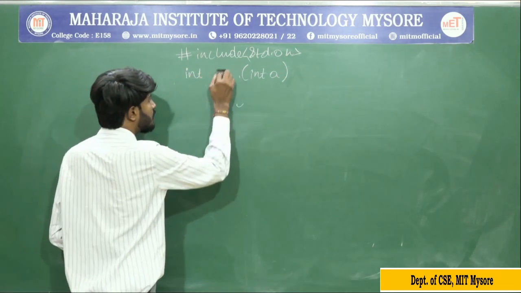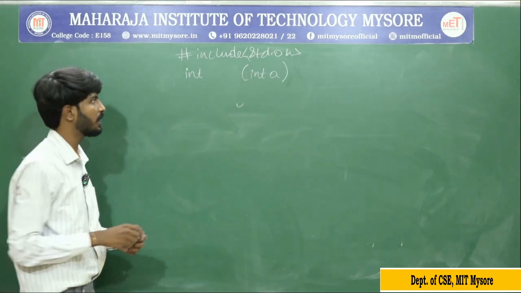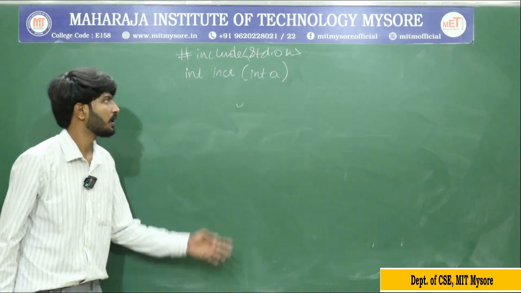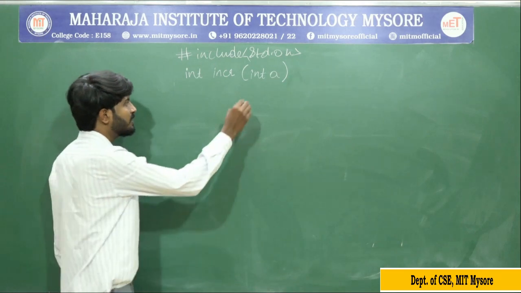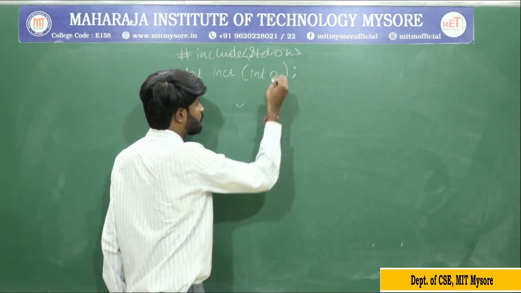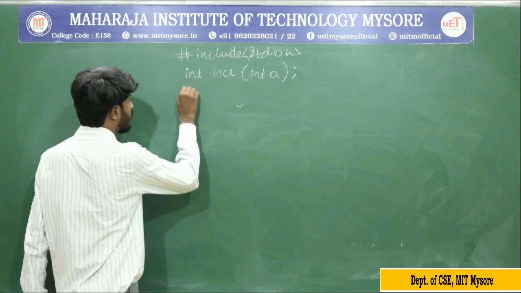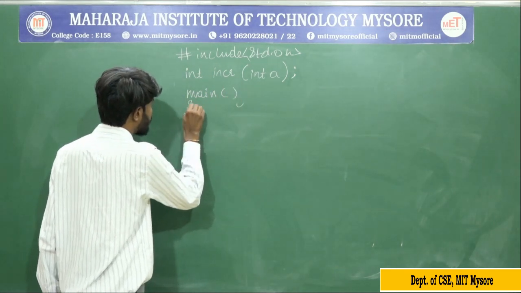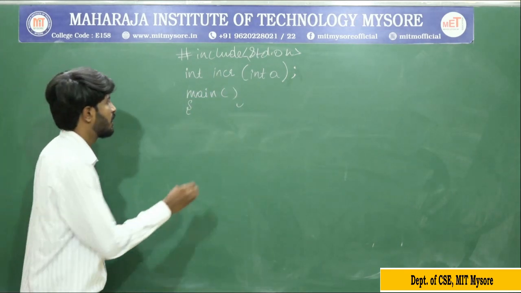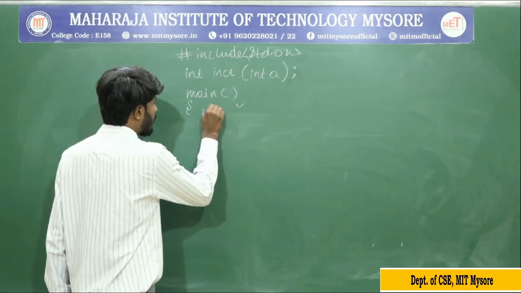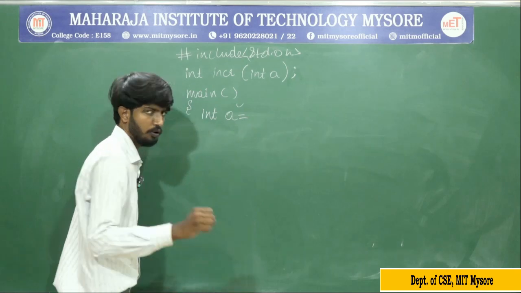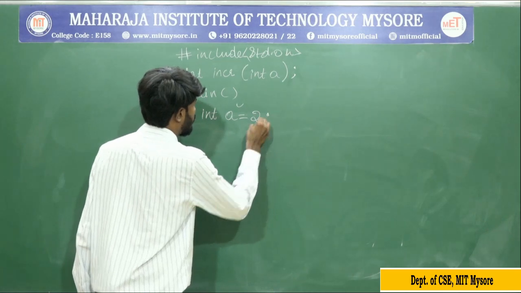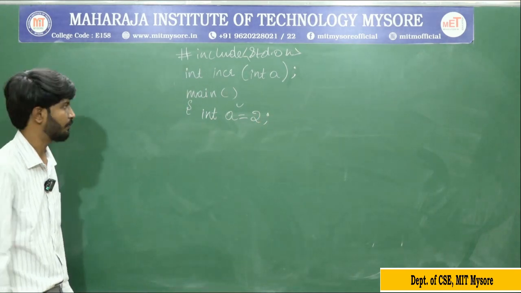We will change this function name to incr, incrementer. The function name is incr, so I will pass only a single value. Then I will have the main method, and I will initialize the value of a to 2.